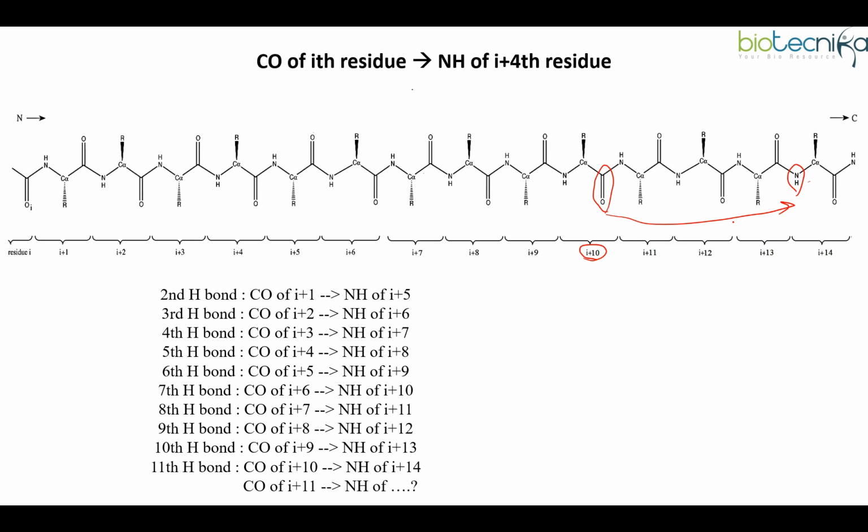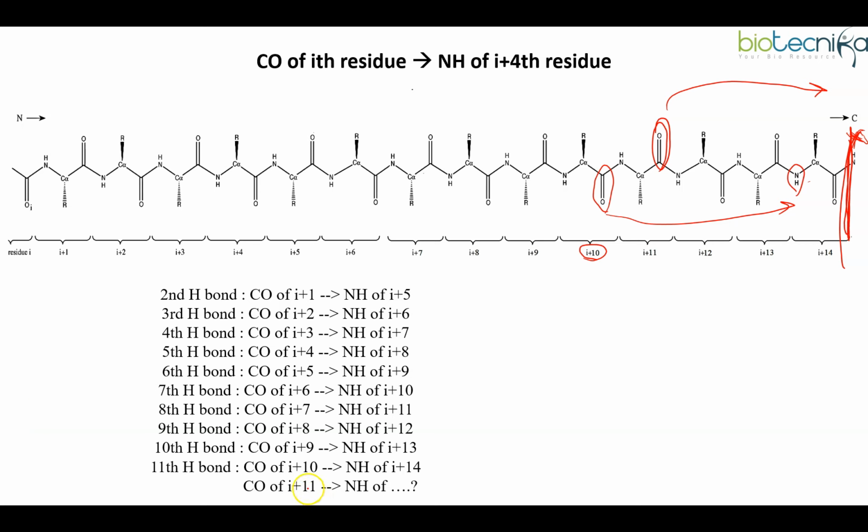Now, if you have to form the next bond, the CO of I plus 11, then for this to bond, it would require one more amino acid, right? But the problem is we don't have that amino acid anymore, because this is totally a 15 amino acid residue.